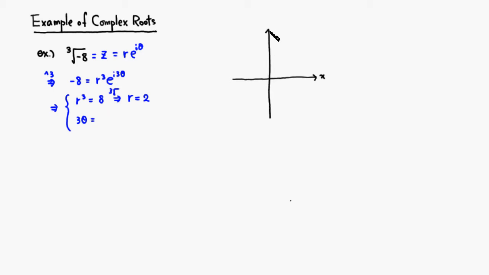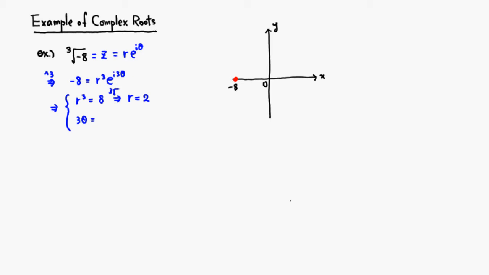Since negative 8 is a real number, it's going to be along the x-axis, somewhere here. So it's negative 8, and this is the point that represents negative 8 in the complex plane.